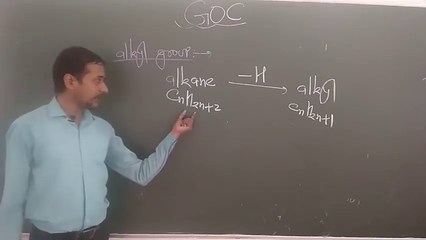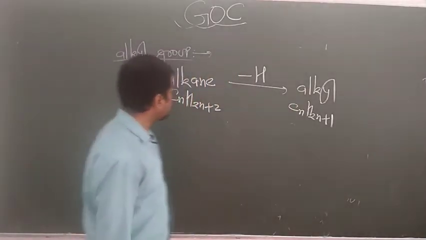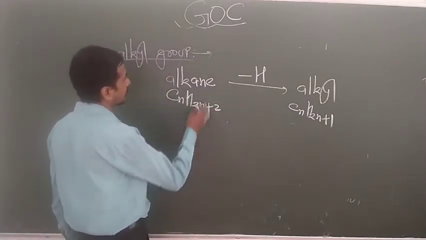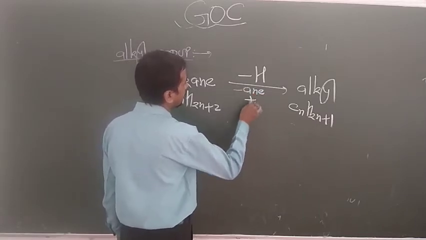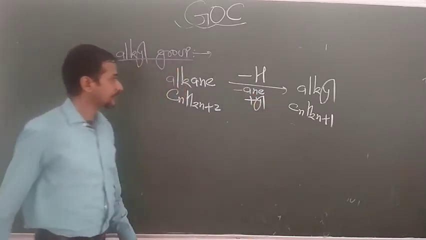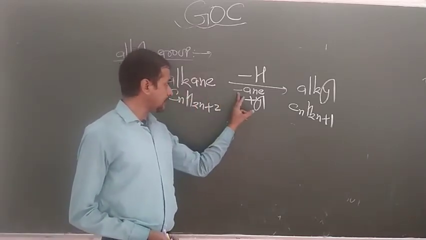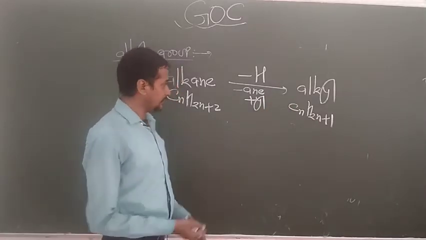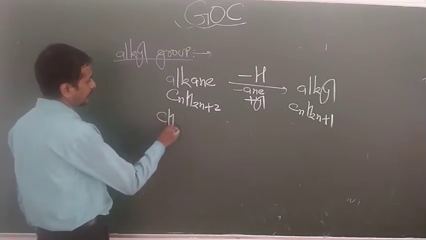So this is the formula of alkane, and this is the formula of the alkyl group. Now what change in the name occurs? You remove ane and add yl. Look here, remove ane and add yl. This gives alkyl.